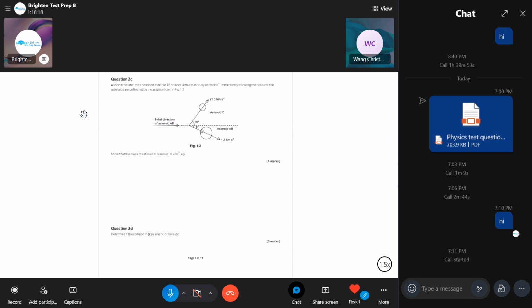And now the combined AB collides with a simple C or single C asteroid. And they are deflected now in the respective angles. So we obviously have this situation. Size-wise, it's a bit like this.